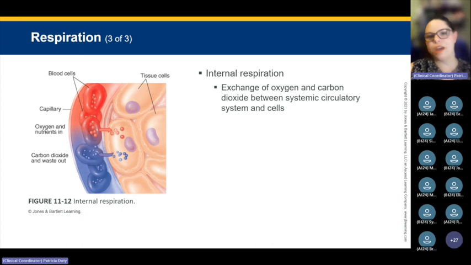Without an adequate amount of oxygen, anaerobic metabolism takes place, and you cannot meet the metabolic demands of the cells in that case. That's not good. Now, the body can work off of anaerobic metabolism for a very short period of time, but it's a very short period of time.